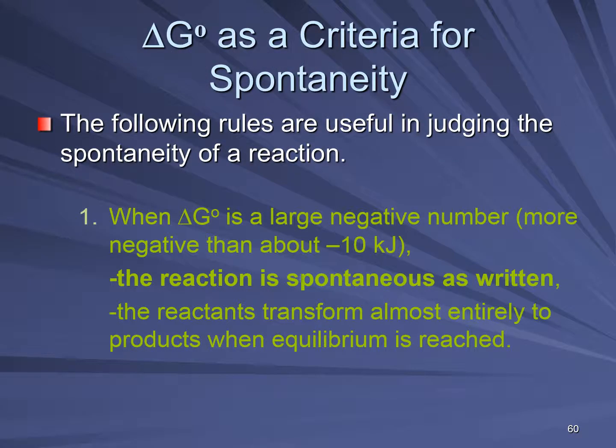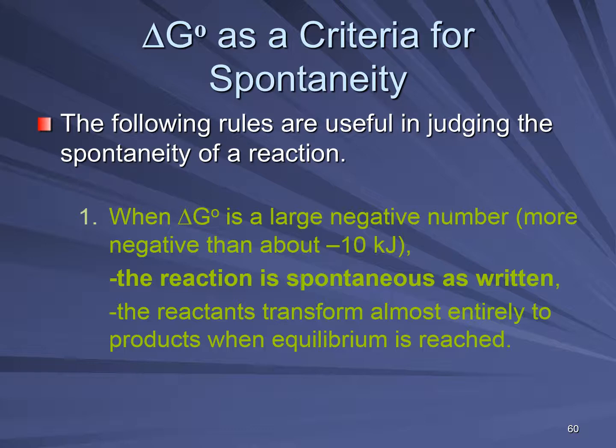Strictly speaking, if delta G is less than 0, that reaction is considered spontaneous. But we usually have a little buffer zone. Generally we say if delta G is less than negative 10 kilojoules, then we consider that reaction spontaneous as written.